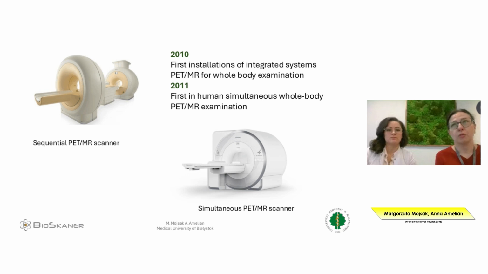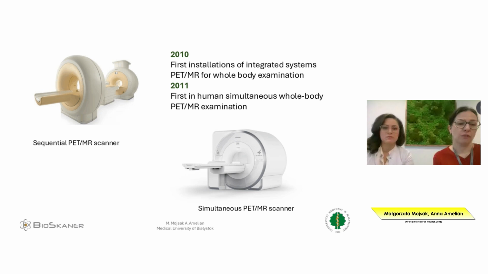In 2010, the first installation of an integrated PET-MR system, the whole body examination, was performed. So the first simultaneous PET-MR examination was performed in 2011, and then it all developed very, very quickly.